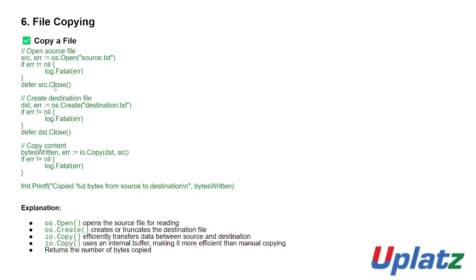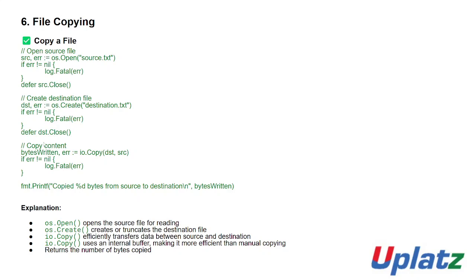And defer src.Close(). Now create a destination file. dst, err := os.Create("destination.txt"). This is creating that file. If err != nil, then log.Fatal, then defer dst.Close().